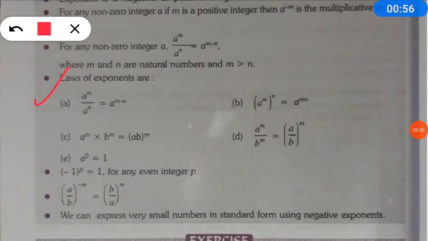A new law of exponents which comes in your 8th class is a to the power minus 1 equals 1 upon a. This is the new law of exponents included in your syllabus for class 8. The rest of the laws of exponents are the same as we studied in class 7. Only this one is new that you have to learn.